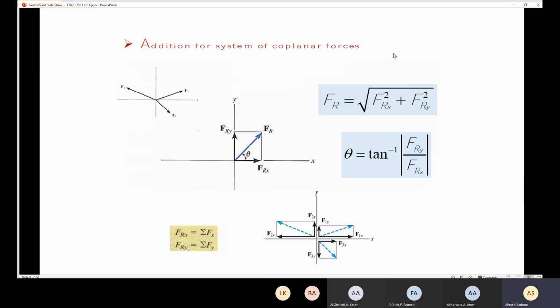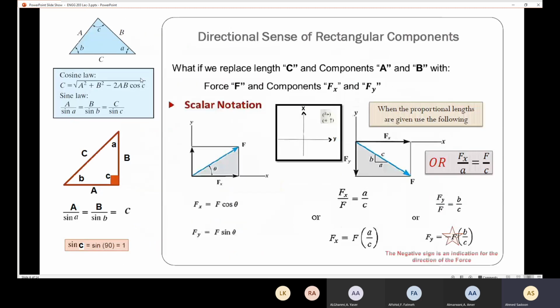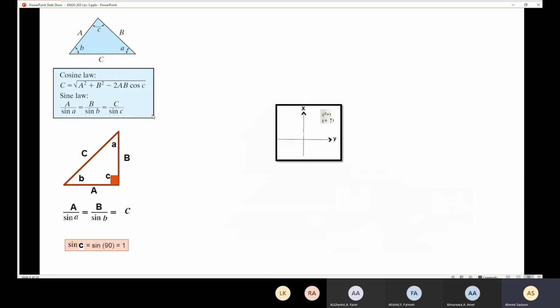Then, in order to calculate the resultant force, if I have F1, F2, and F3, I decompose all of them into x and y. Now I need to calculate the magnitude of the resultant. Since we have a right angle, remember in the cosine law, we used to have that term. But when this angle is 90, then this term is going to equal 0.